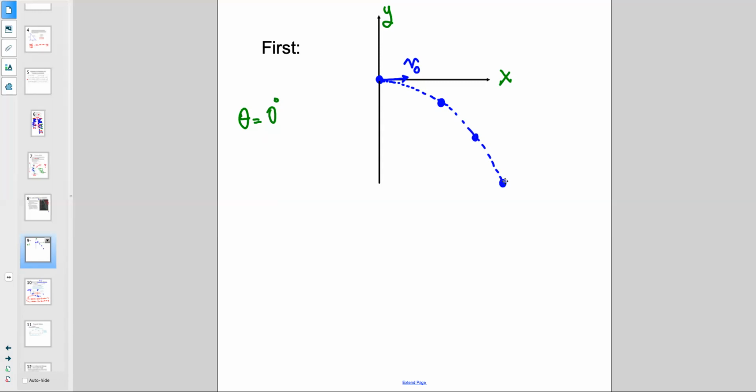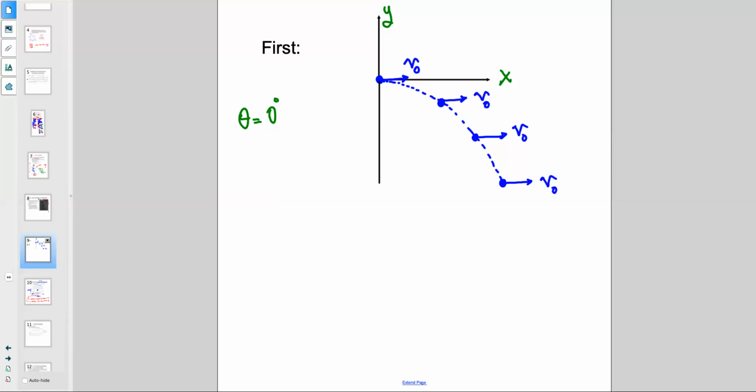We know that this is the first type, so we know that along the x direction is always a constant velocity. So along the x direction, we always have v0, all the time.